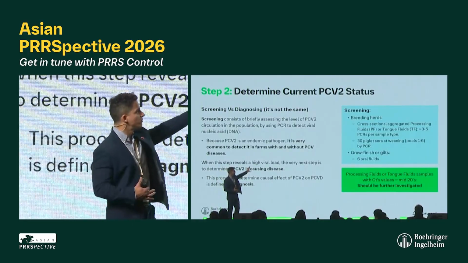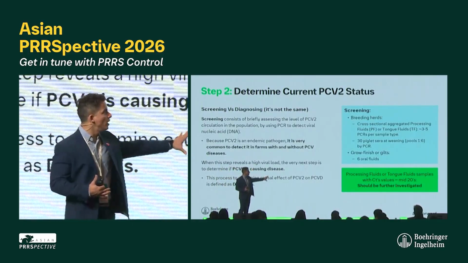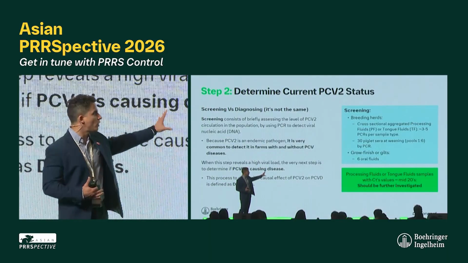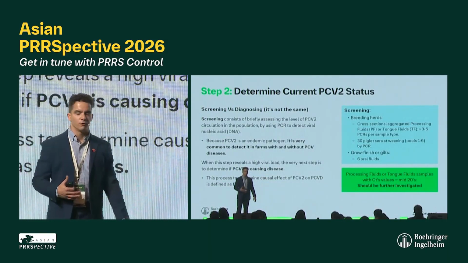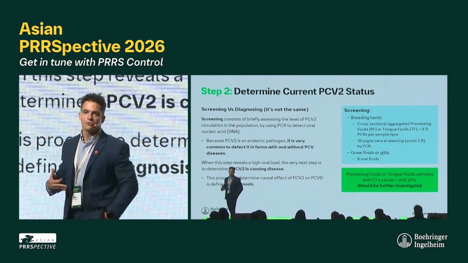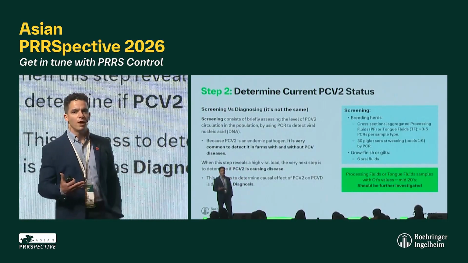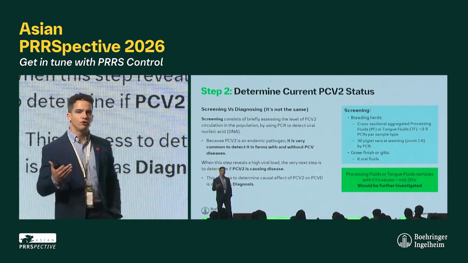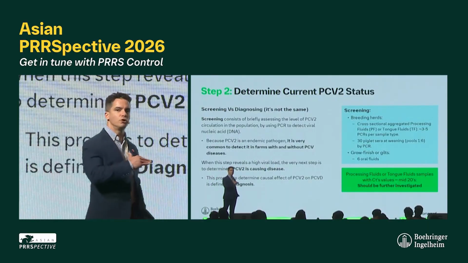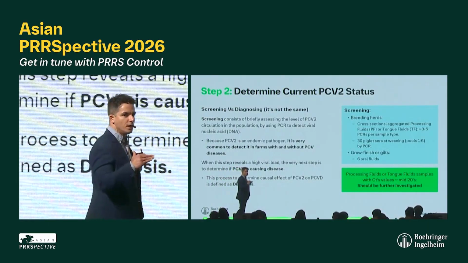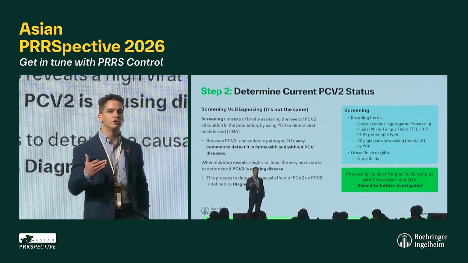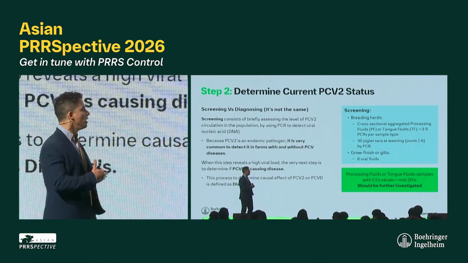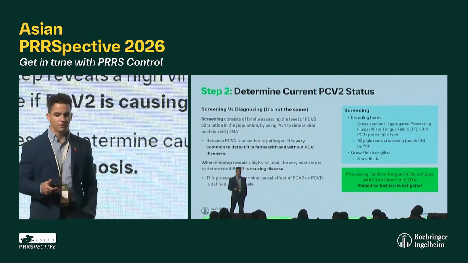Here are some of the different ways you can use screening methods with PCR or ELISA, and some of the sample types and number of samples that you can use. But those, again, would be just a way that you would be monitoring that population over time, and would be a reason for you to trigger a more in-depth investigation in case any abnormality is detected.